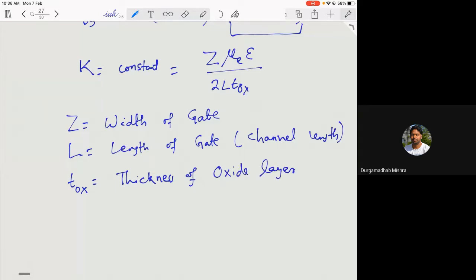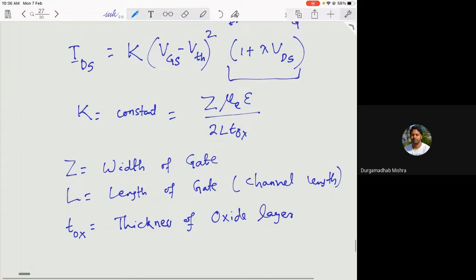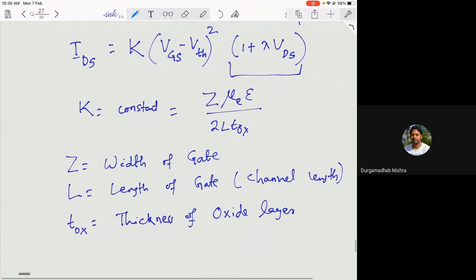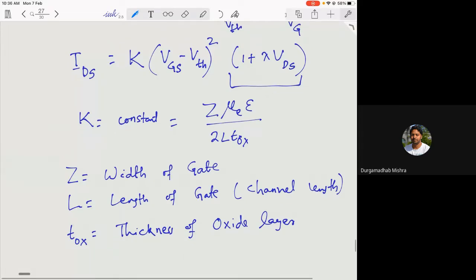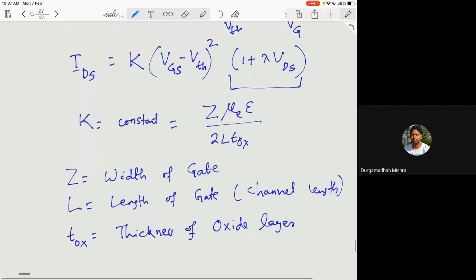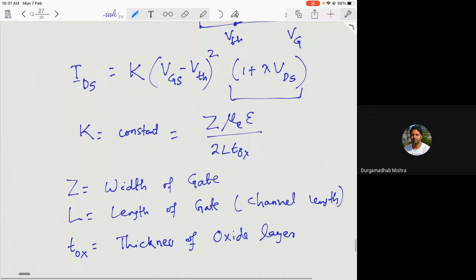Okay. So why are we discussing these parameters? Because if you look at this K, the constant, if I decrease the oxide layer thickness, I can increase the IDS. So if I want to increase IDS, I want to increase the K value, the constant, right?